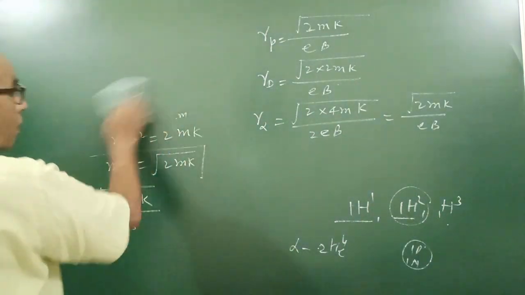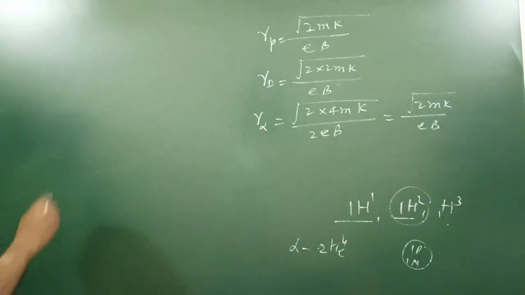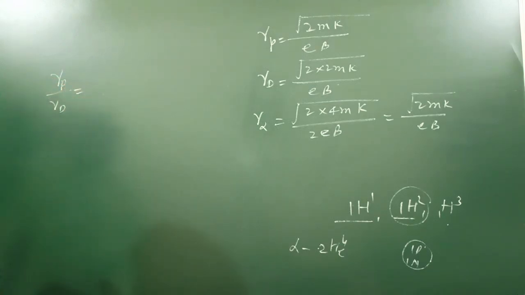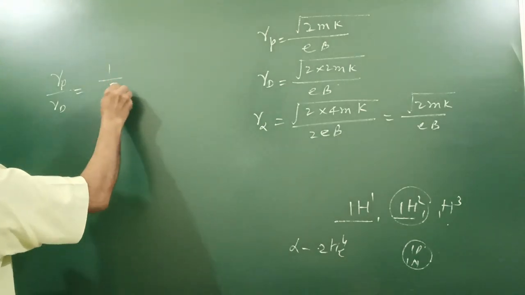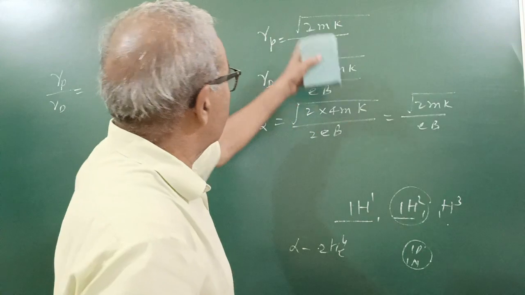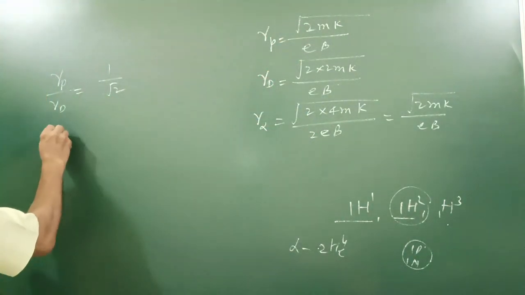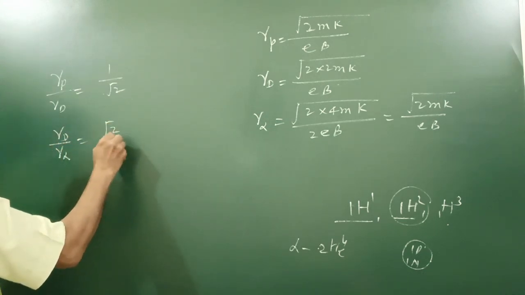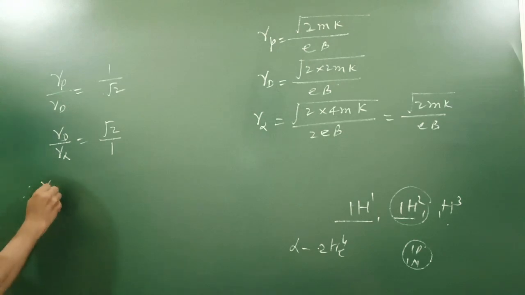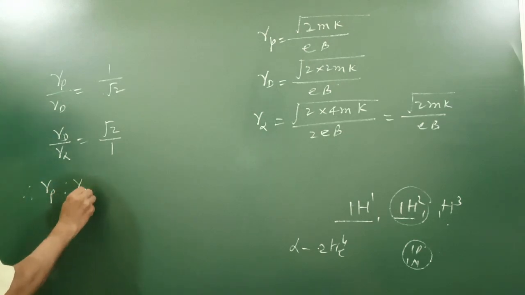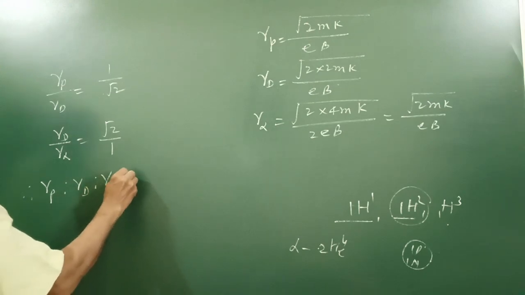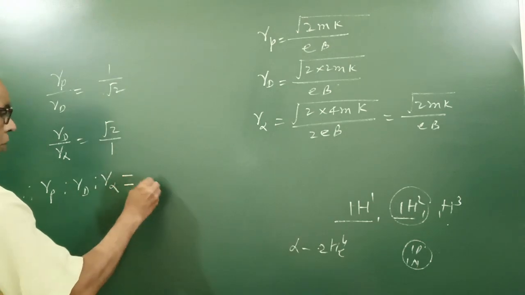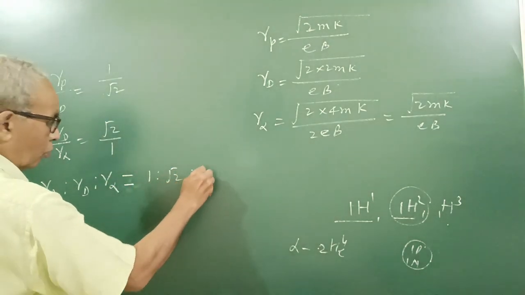Therefore, Rp upon Rd gives 1 upon root 2, as 2m cancels and eB cancels. Rd upon R alpha is root 2 by 1, and hence Rp : Rd : R alpha equals 1 : root 2 : 1.